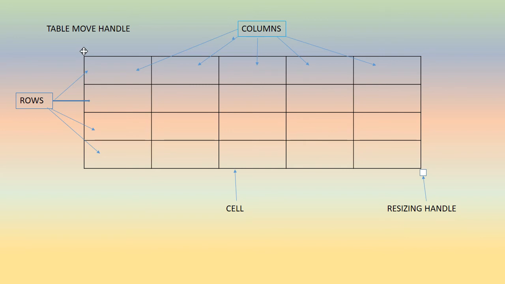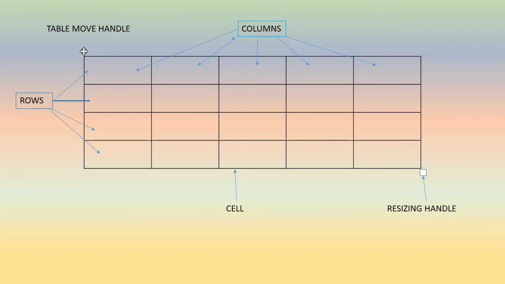It is known as resizing handle. Means in this way you can resize your table. You can make your table big or small with the help of this part of the table, which is resizing handle.